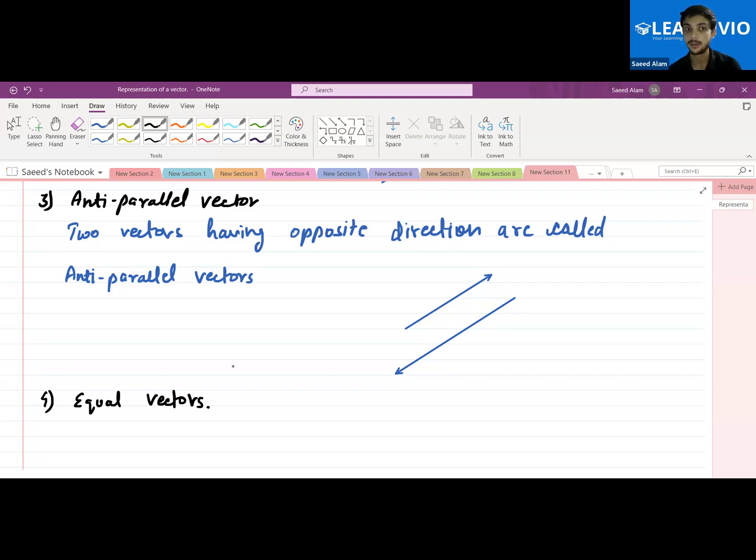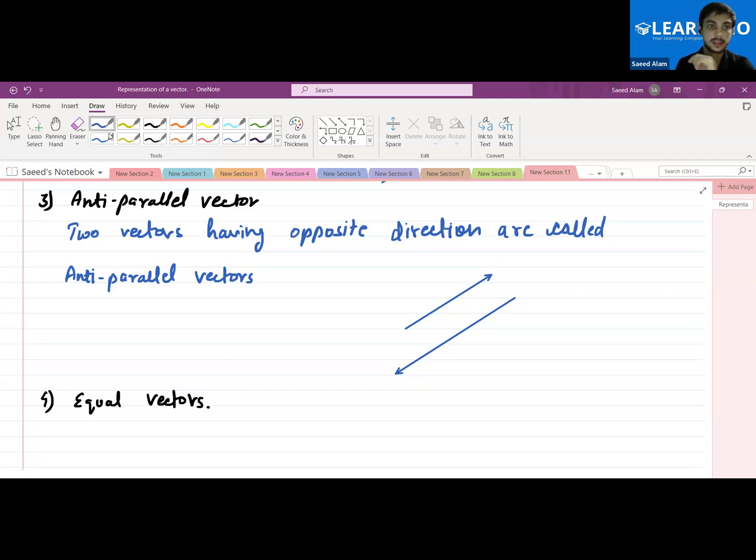Understood? We cannot say that if a 10 Newton force is applied in a north direction and a 10 Newton force is applied in the east direction, both will be same. No, they will not be same, as they are having the same magnitude, but the direction is different.